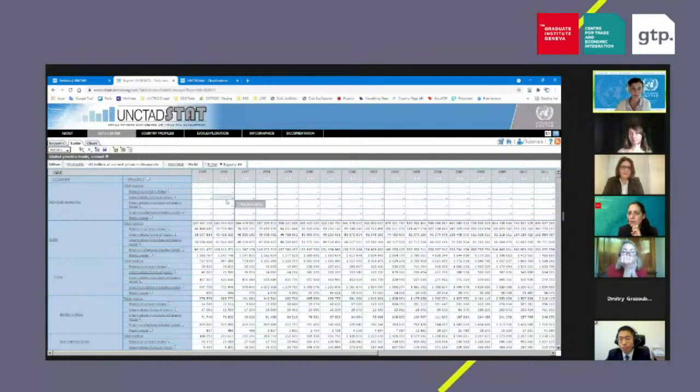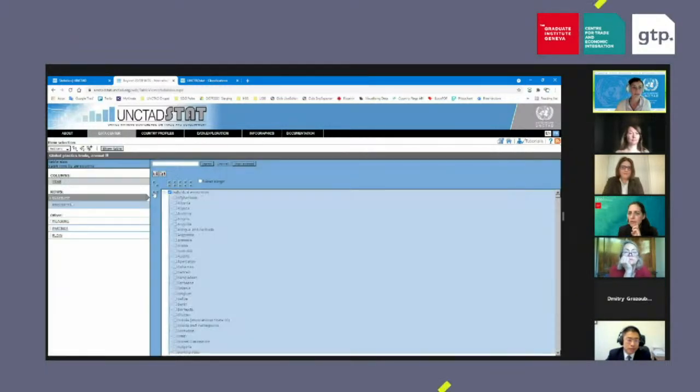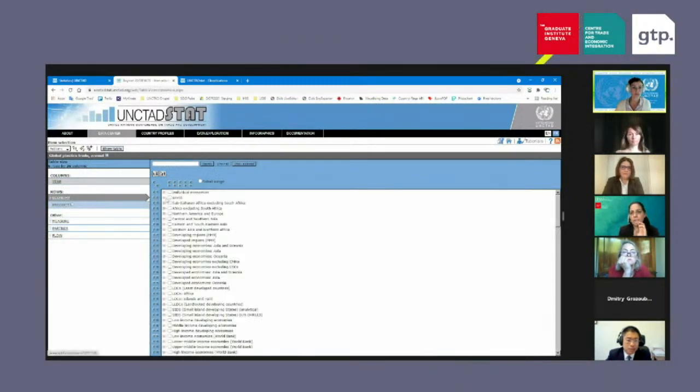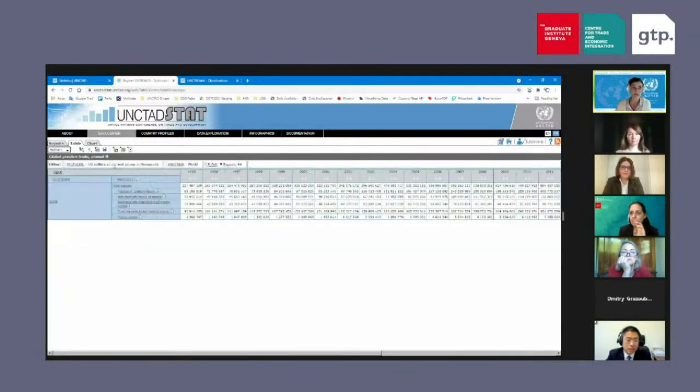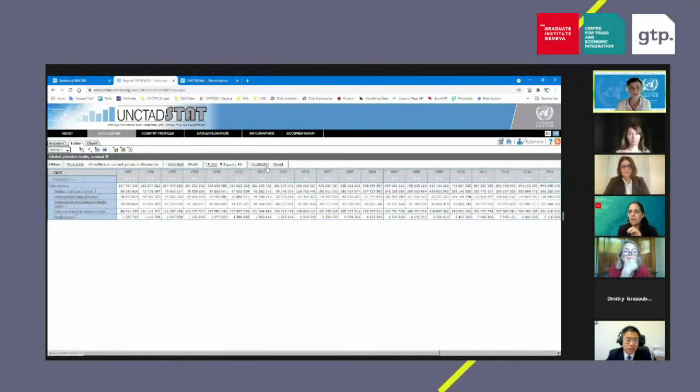For example, if I'm just looking at the product detail, but for one single economy, I can click here to select the economy I would like to see. Or maybe a group. So the world, for example, I can show the table, and I can easily move the dimension here.